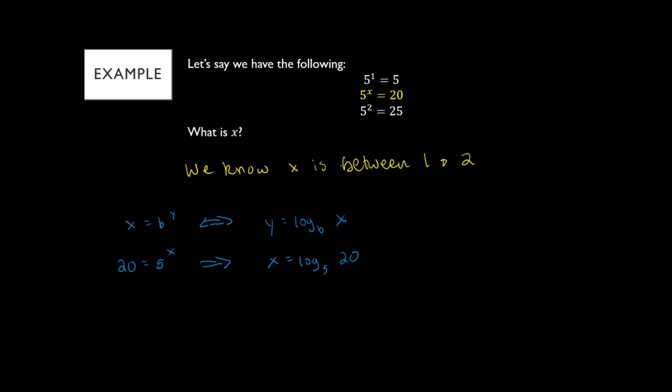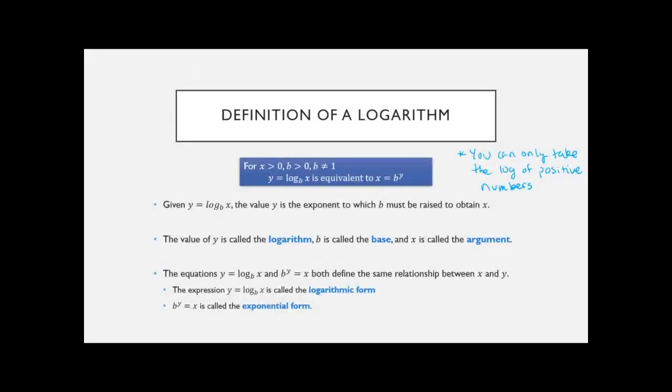But this is what the logarithm is doing: it's taking some exponential equation that you don't know the answer to. You're looking for an exponent, and by taking the logarithm, you can now find the exponent. So that's what this definition is doing, rewriting the problem so that our answer is the logarithm of this value.